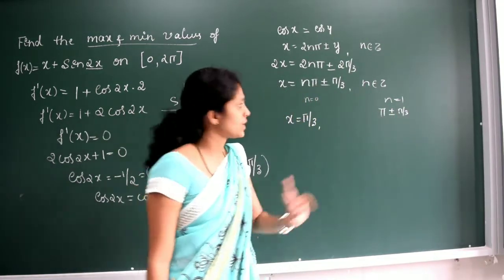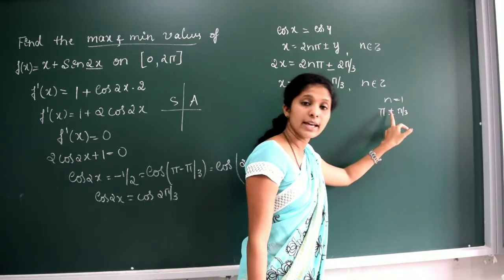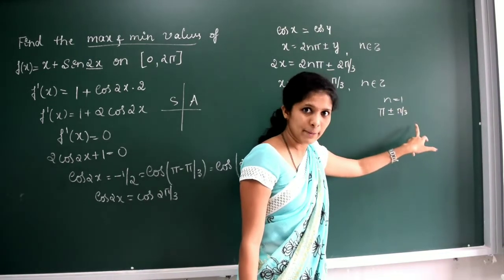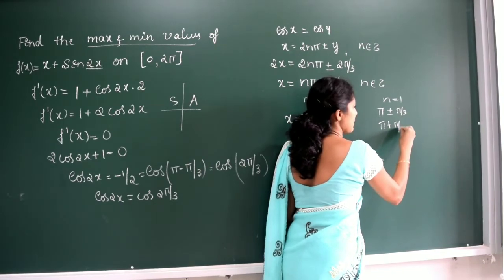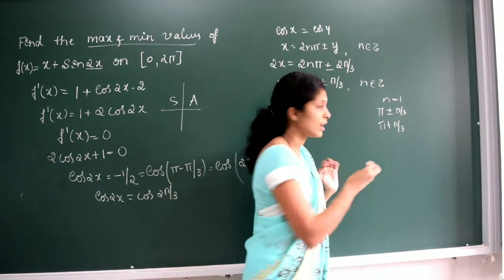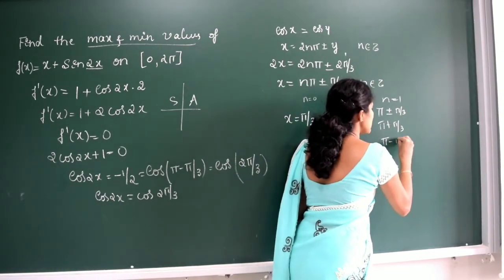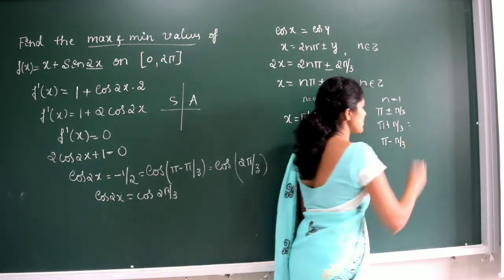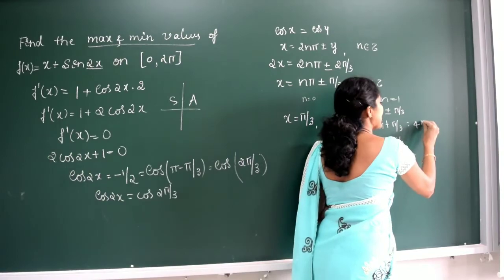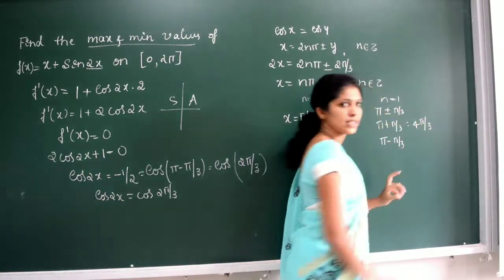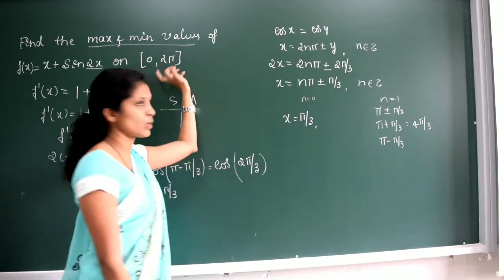There are two possibilities. One is pi plus pi by 3 and the other is pi minus pi by 3, right? If it is pi plus pi by 3, I can take that, or I can go with pi minus pi by 3. So in this case, 3 pi plus pi will be 4 pi by 3. Is it clear? So check this one. This also belongs to 0 to 2 pi.